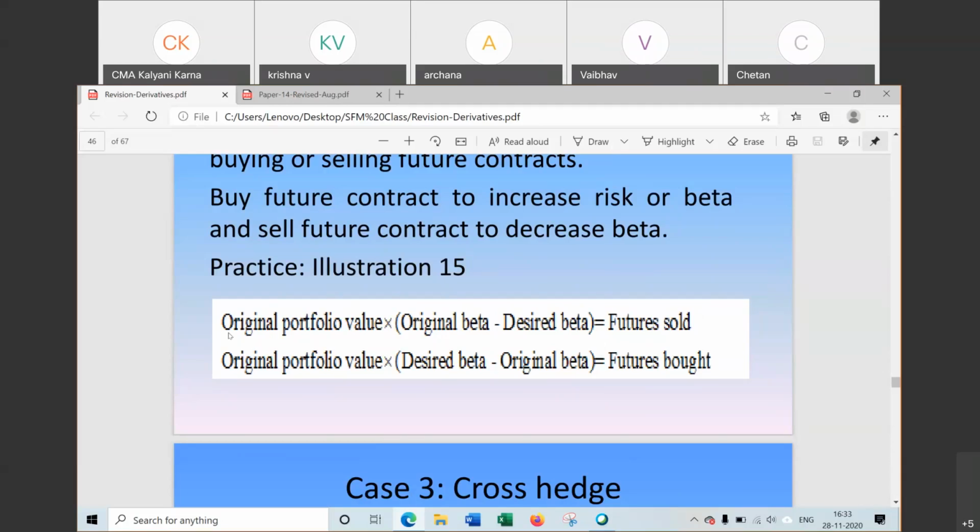In the case of decreasing the beta, the question will be asked, find the amount of future contracts sold. So it can be computed as original portfolio value into original beta minus desired beta, because here the desired beta is lesser than original beta. If beta is higher than the original beta, desired beta minus original beta will be used, that is future contracts bought.